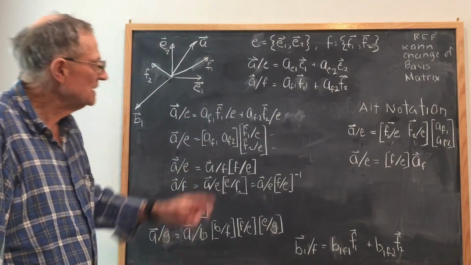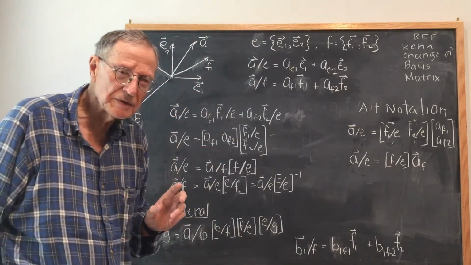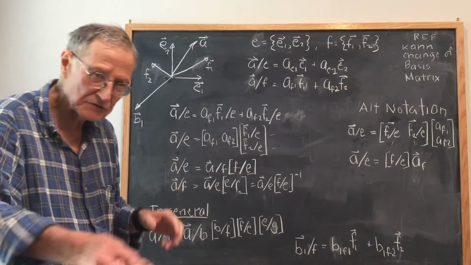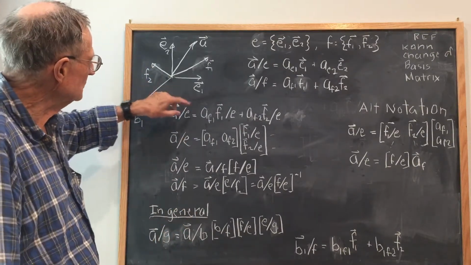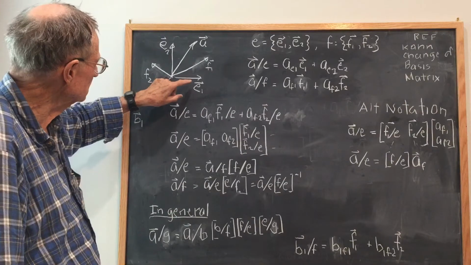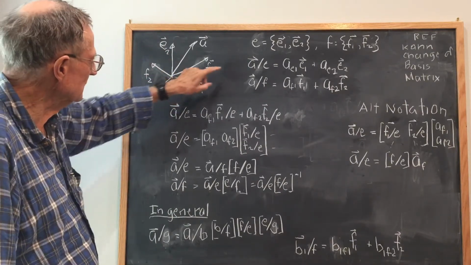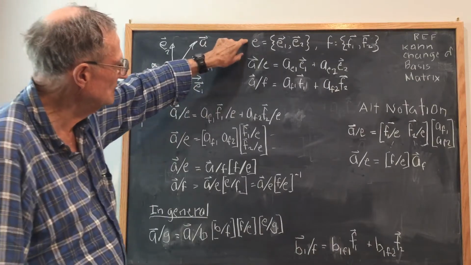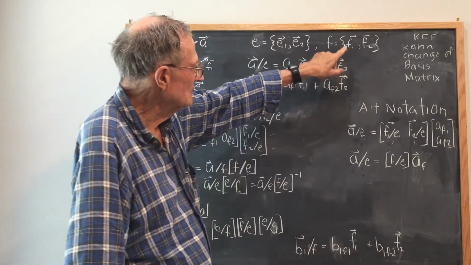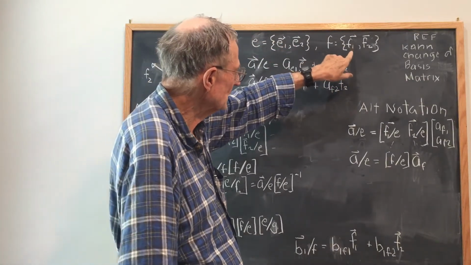To begin with, I'm just going to use a two-dimensional demonstration because there's less writing to do. I'm going to assume that I have basis vectors E1, E2, and another set of basis vectors F1 and F2. I denote E as E1, E2, and F as F1 and F2.